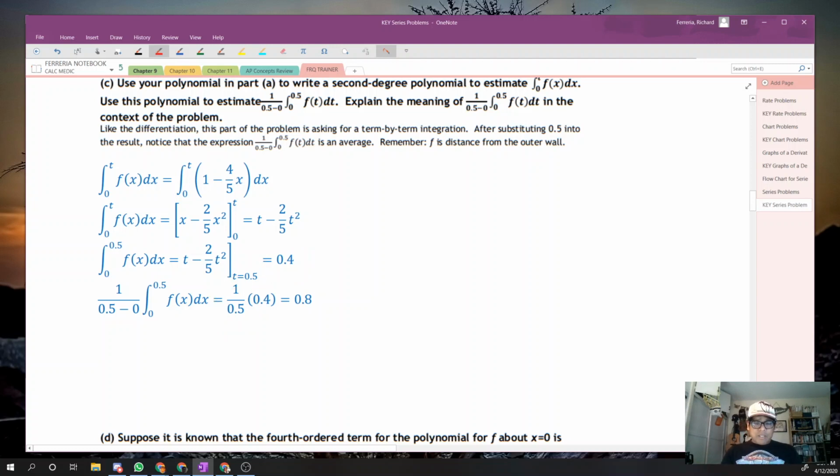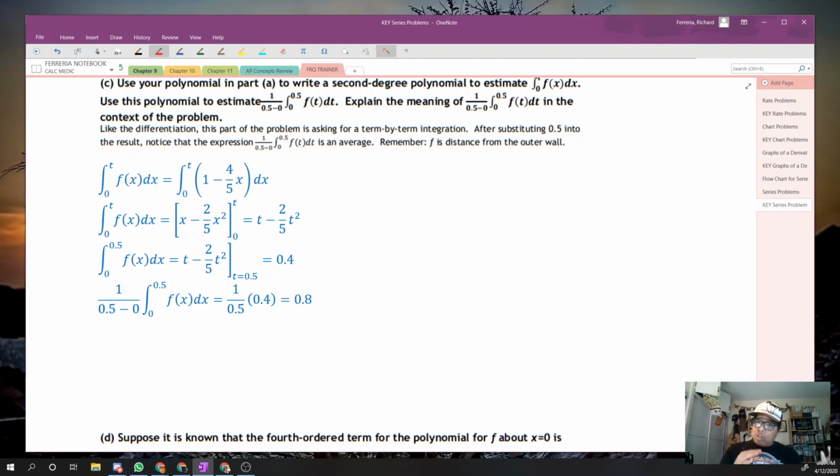Now comes the task of saying, what is that 0.8? If I take a look at this formula, that is an average formula. That's how we take the average in any calculus class. So this is an average value of f from t equals 0 to t equals 0.5. Well, what is f? F is the distance of the car to the outer wall.